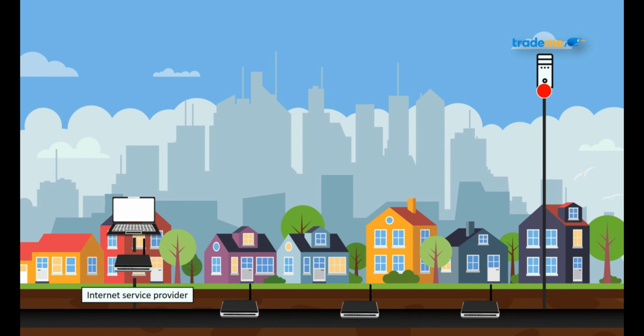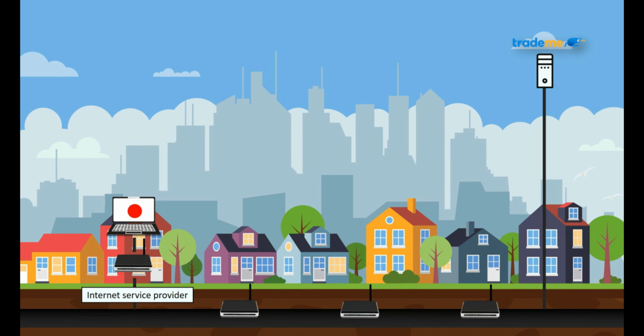A server is just another computer, but it's set up specifically to serve you information like web pages, images, or files. Servers don't go through their own internet service provider, they are directly connected to the internet. Once TradeMe receives your request to show you their website, they send the relevant information back to your computer and it displays on your screen.